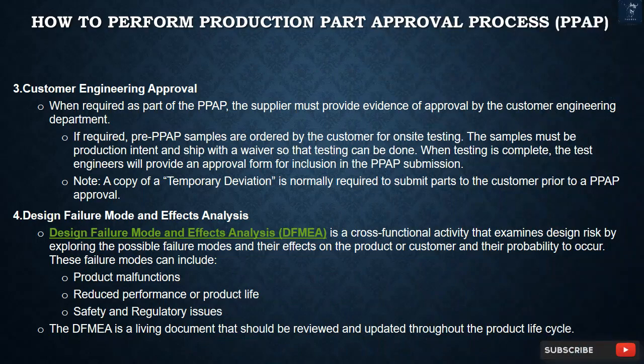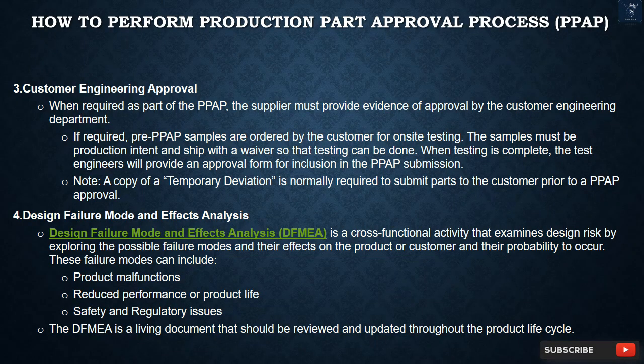3. Customer Engineering Approval. When required as part of the PPAP, the supplier must provide evidence of approval by the Customer Engineering Department. If required, pre-PPAP samples are ordered by the customer for on-site testing. The samples must be production intent and shipped with a waiver so that testing can be done.